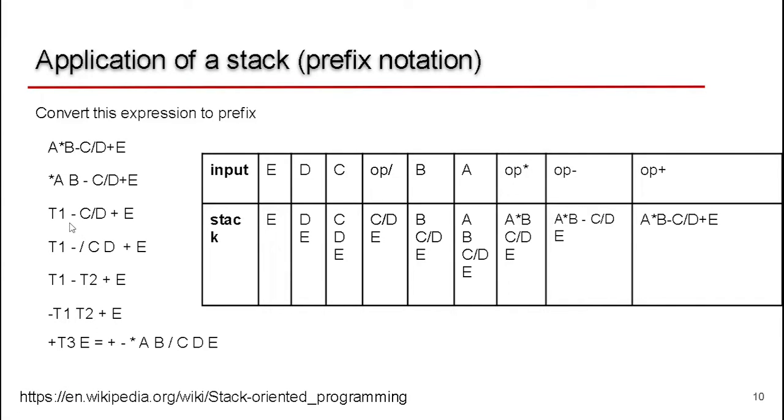T1 was multiplication AB, and T2 is a division CD, and finally we have the E. Is it clear?